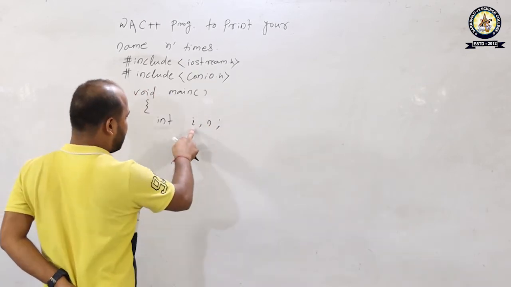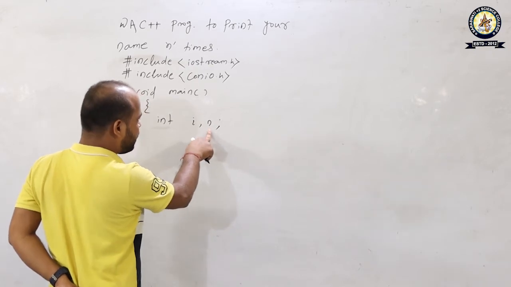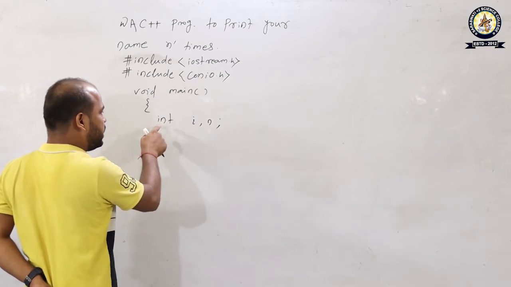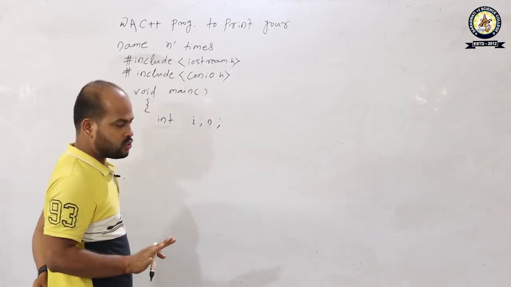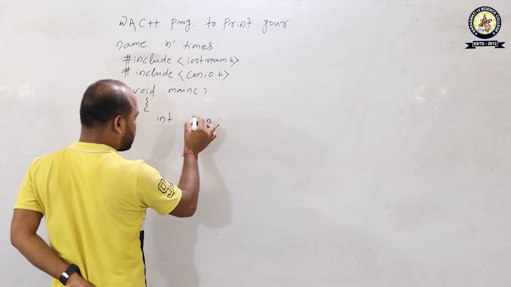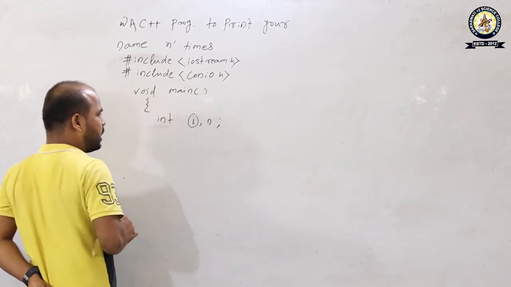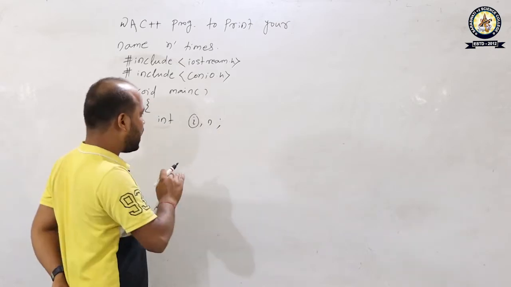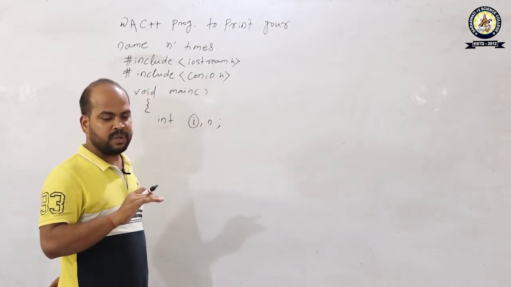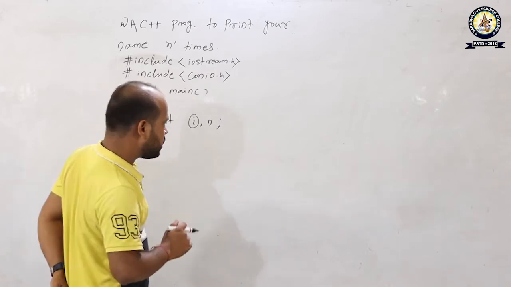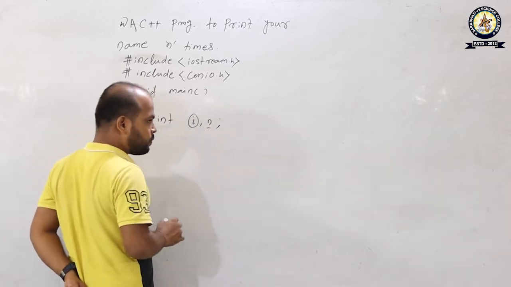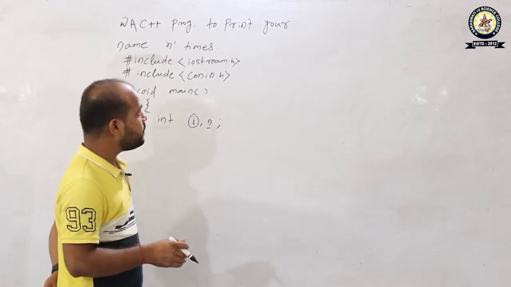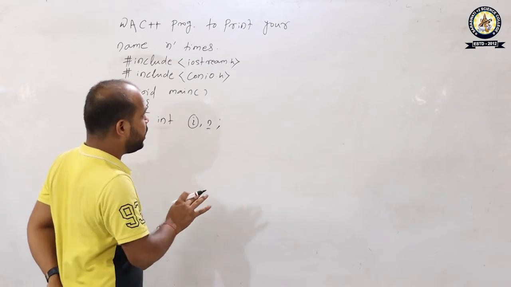So this i is a variable and n is a variable, and these variables will store integer type values. Why did I create the i variable? I declared i as a counter, to count the number of steps, and n I used for the purpose of a range: how many times you want to print your name.